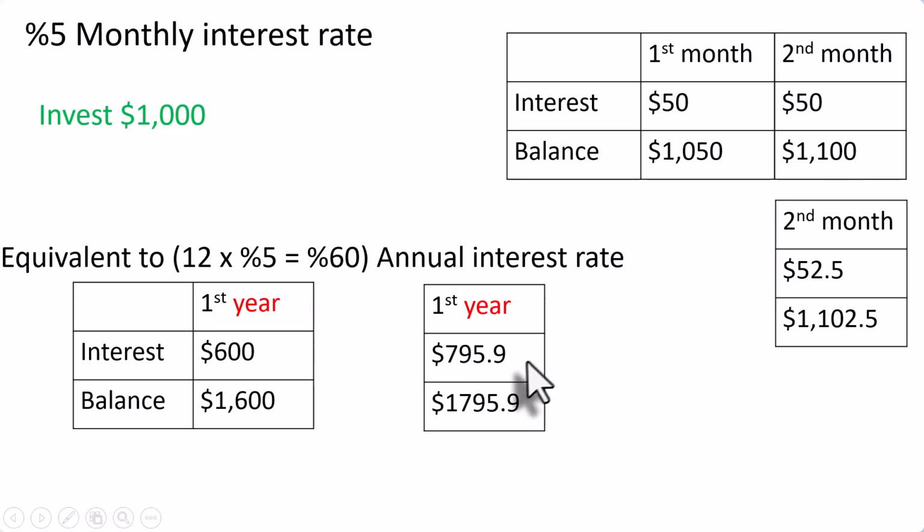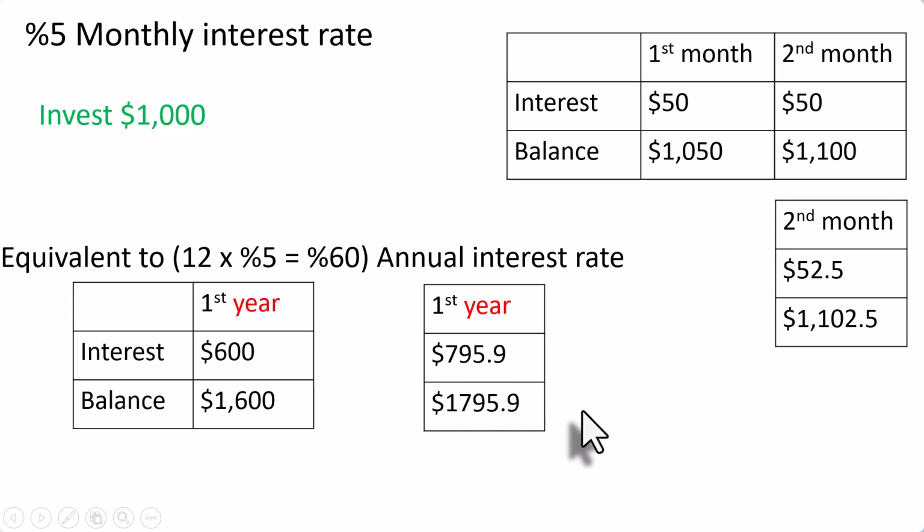My interest is going to be $795.9, and my balance after 1 year, based on a 60% annual interest rate, but with monthly compounding periods where interest is paid on a monthly basis, and on a monthly basis my balance is updated, then my final balance after 1 year is going to be $1,795.09. Now, how do we calculate this value? How can I quickly calculate this value?